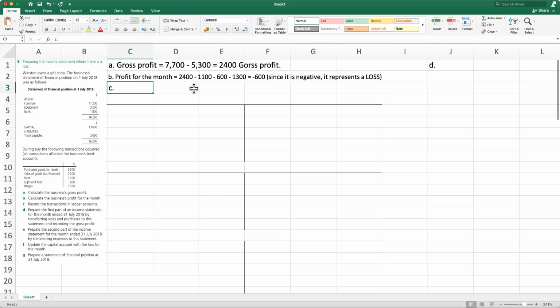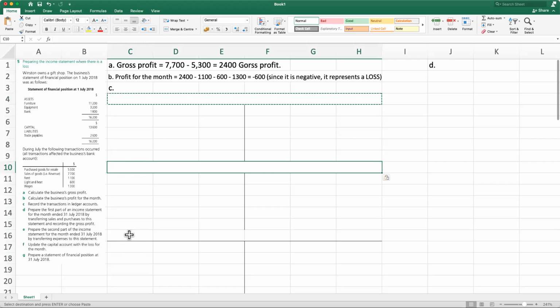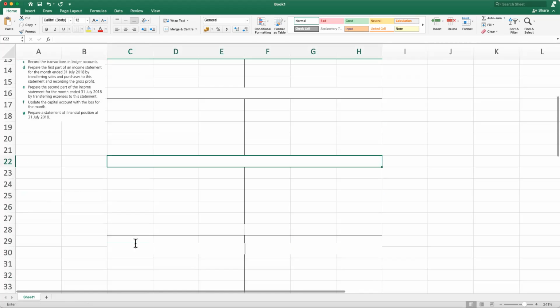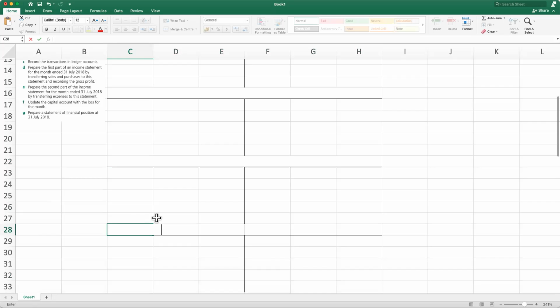Now for question C, we need to record the transactions in the ledger accounts. So all we need to do is classify them as their account names. Just change all of this to a single cell.